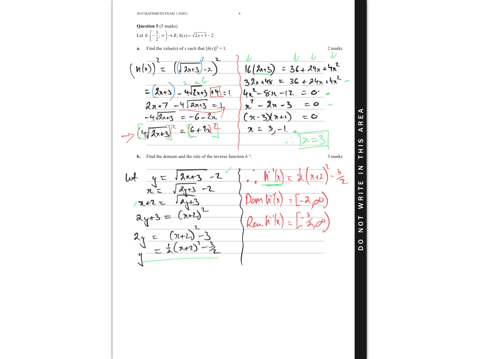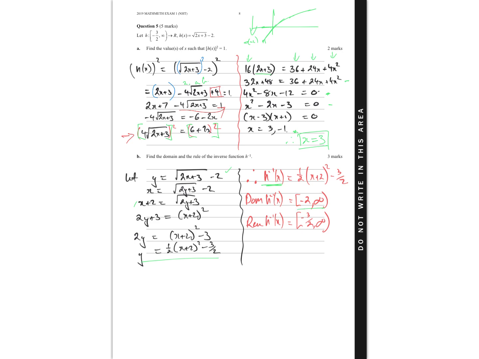The domain of the inverse is the range of the original. And the range, that's my square root function, isn't it? Square root function, which might have been shifted left or right, left in this case, and down 2 units. So maybe something like that, who knows? But either way, it's down to negative 2.